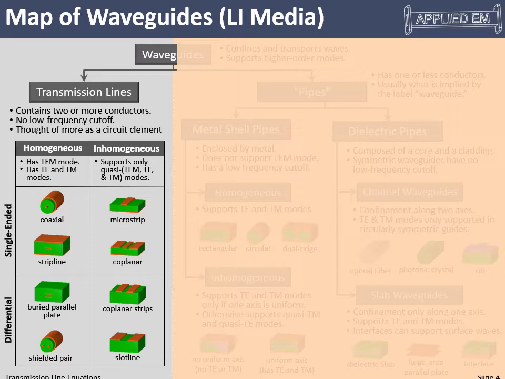And they include things like coaxial cables, microstrip transmission lines, twisted pair for phone cables in the old days, and so on. So even though all of these different transmission lines look different, it turns out there's a framework that we can put these in to treat them all as the same.